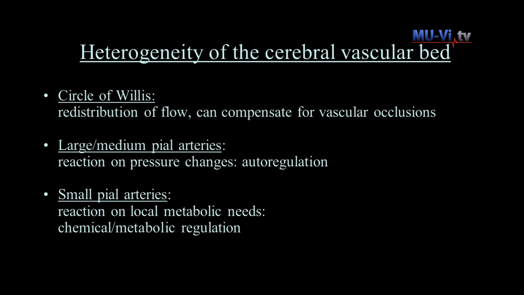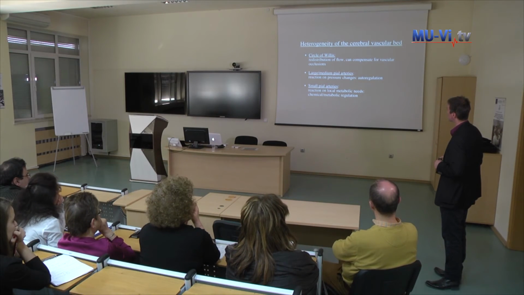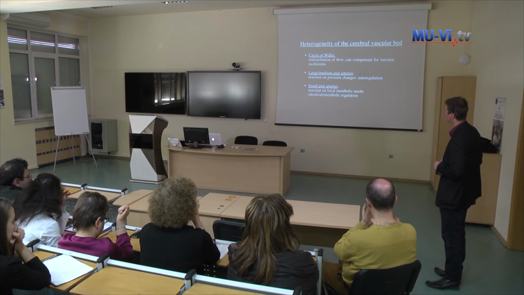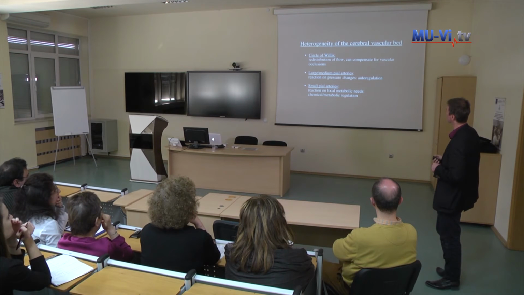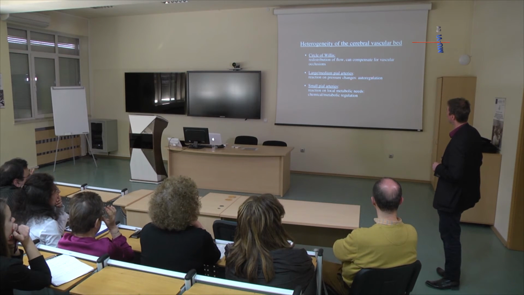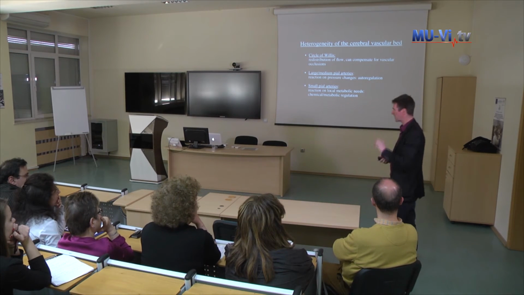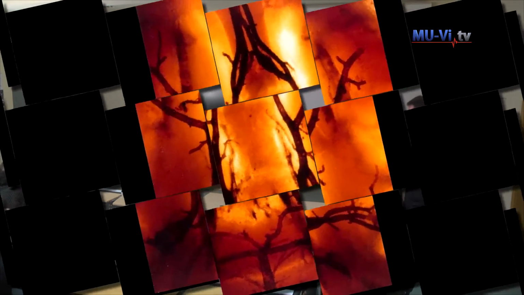In the circle of Willis, a redistribution of flow can take place as a compensation for occlusions. In the larger arteries, there is this reaction to pressure changes, which we call autoregulation. And finally, in the smaller arteries, there is a true reaction to local metabolic needs, and we call it chemical metabolic regulation. And because this is happening all the time, it means that the total amount of flow to the brain is pretty constant, and then the smaller arteries can regulate on the smaller level.